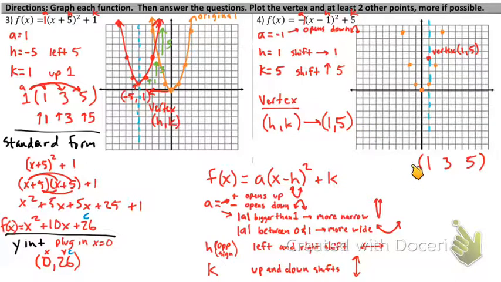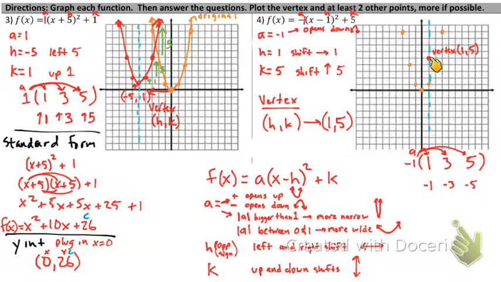So we multiply that in to get our true pattern. -1 times 1 is -1. -1 times 3 is -3. -1 times 5 is -5.